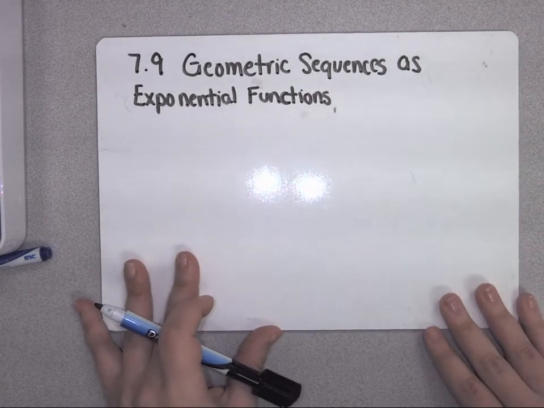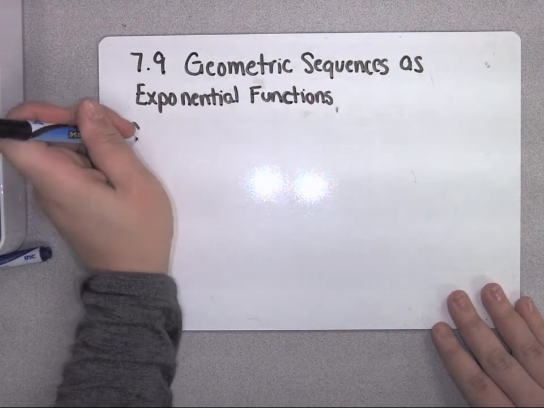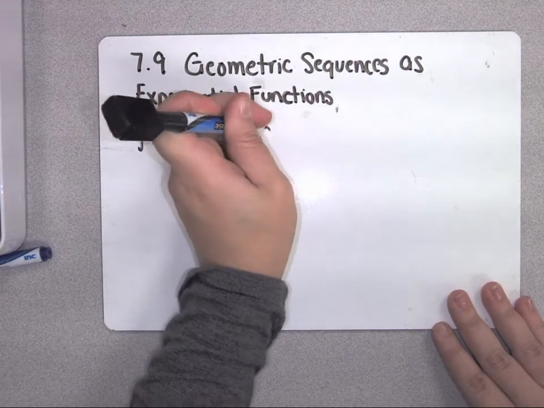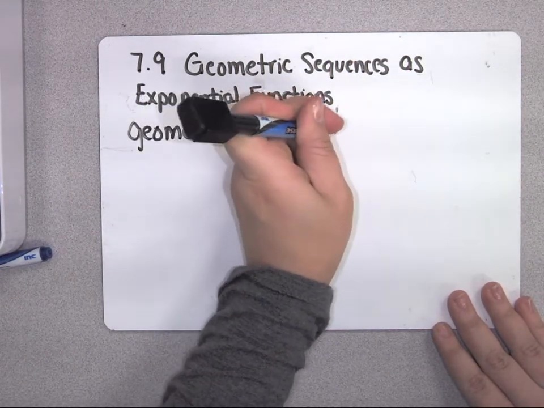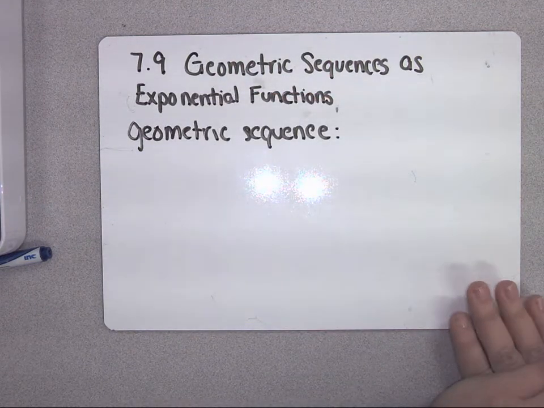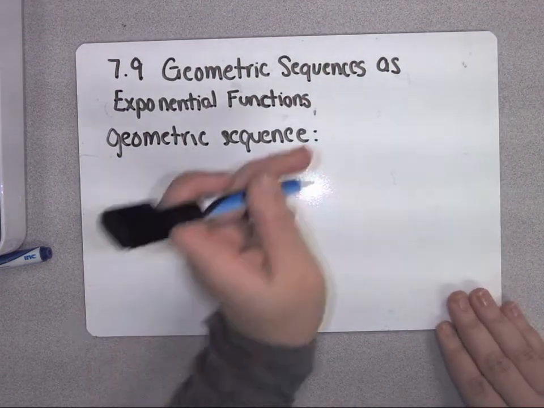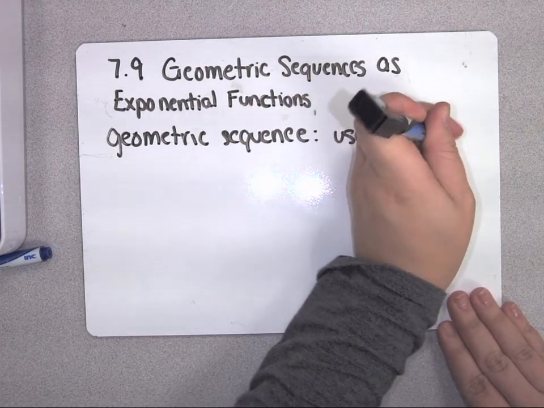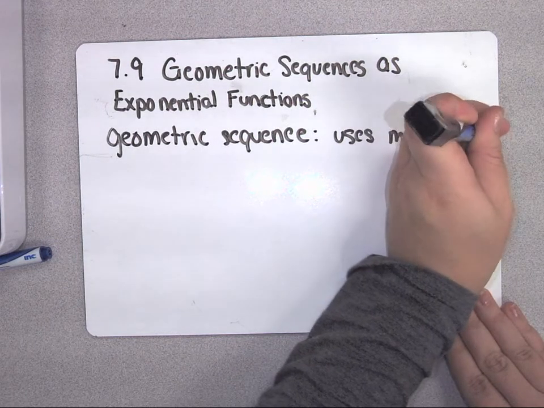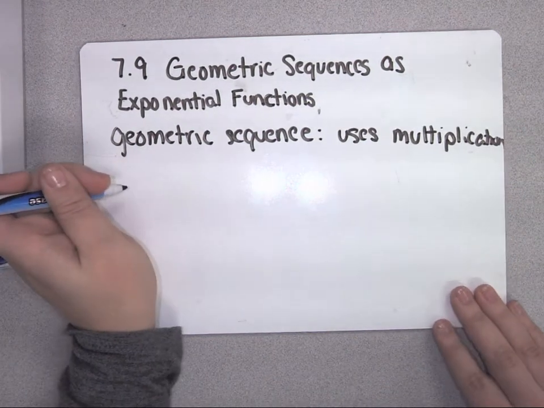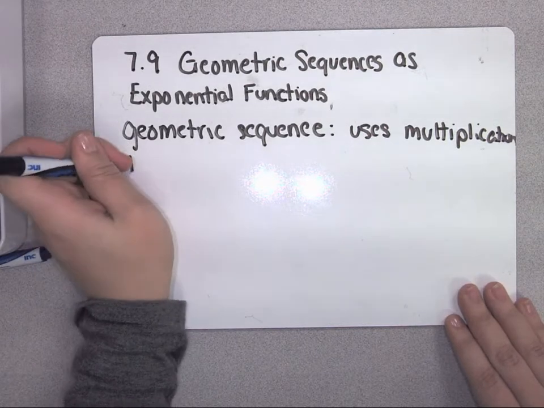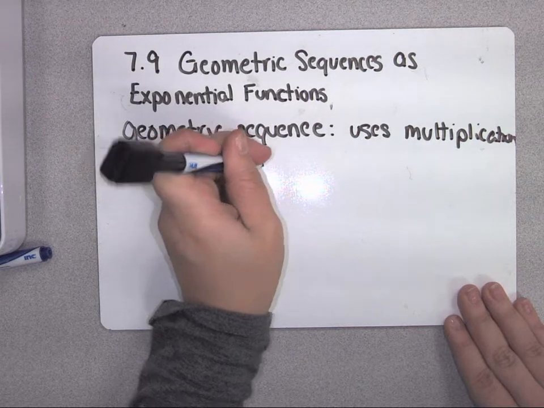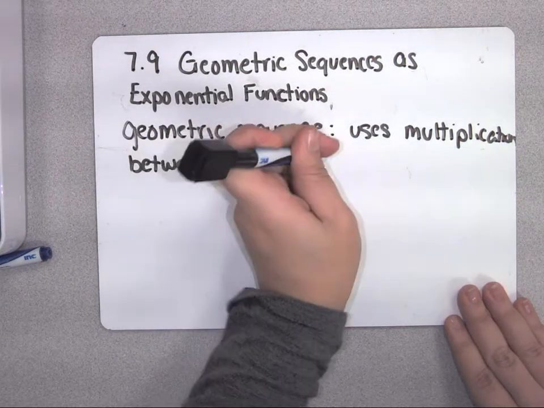So the first part: a geometric sequence uses multiplication between each term to find the next.